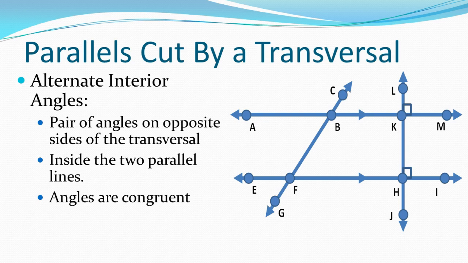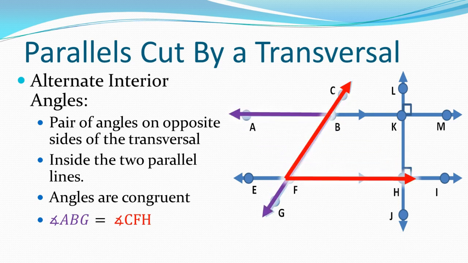That's what interior means. When we know we have these two angles, we know that they're congruent. So angle ABG is congruent to CFH. Those angles, so ABG and CFH, are inside, so interior, inside the parallel lines, and they're on opposite sides, alternate, so opposite sides of the transversal.